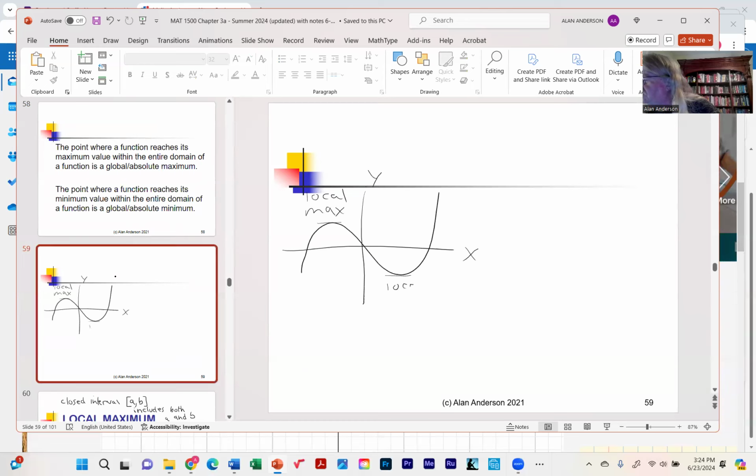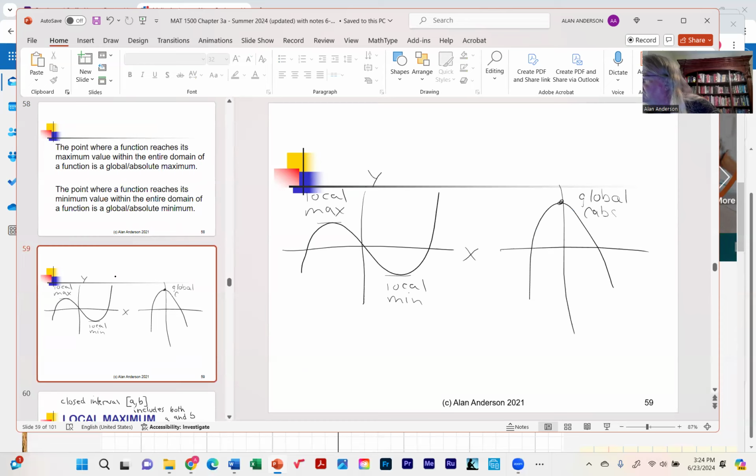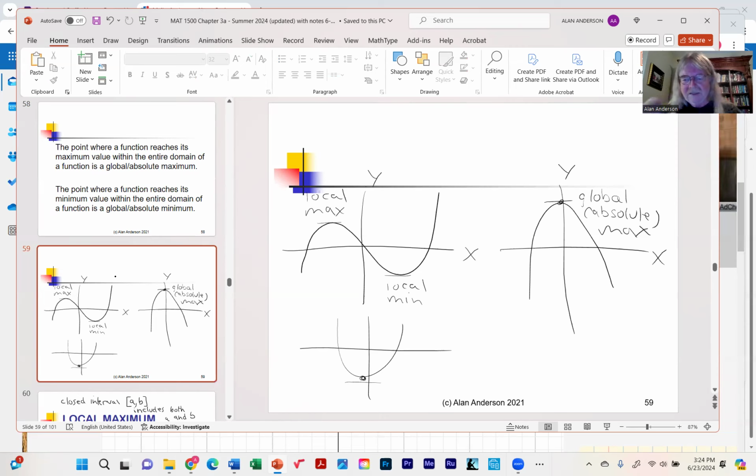But over here, what if you have a parabola like this? The function doesn't go above that point. You have this parabola. And by the way, there's a reason why I'm drawing those tangent lines there. We'll get to that in a bit. This is a global or absolute minimum.